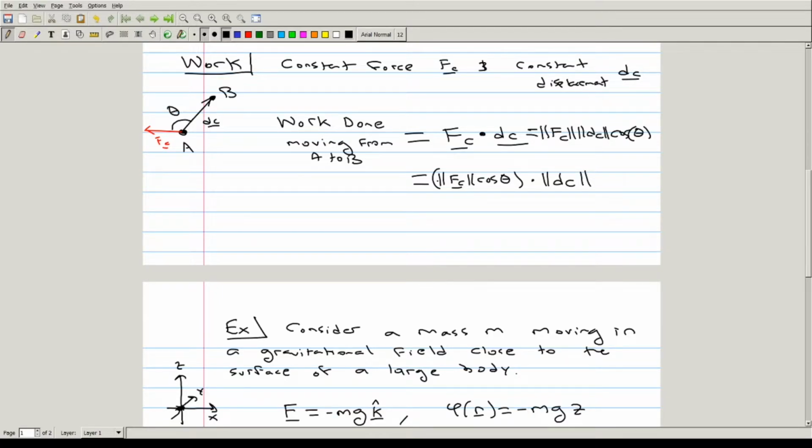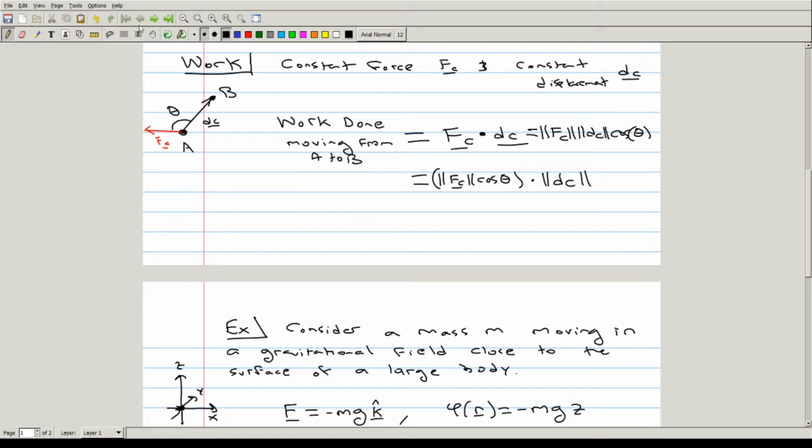Right, so this is the force acting on this mass as it moves in this straight line path, multiplied by the total distance, or the length of this vector DC. So this is essentially why this is true about this dot product.